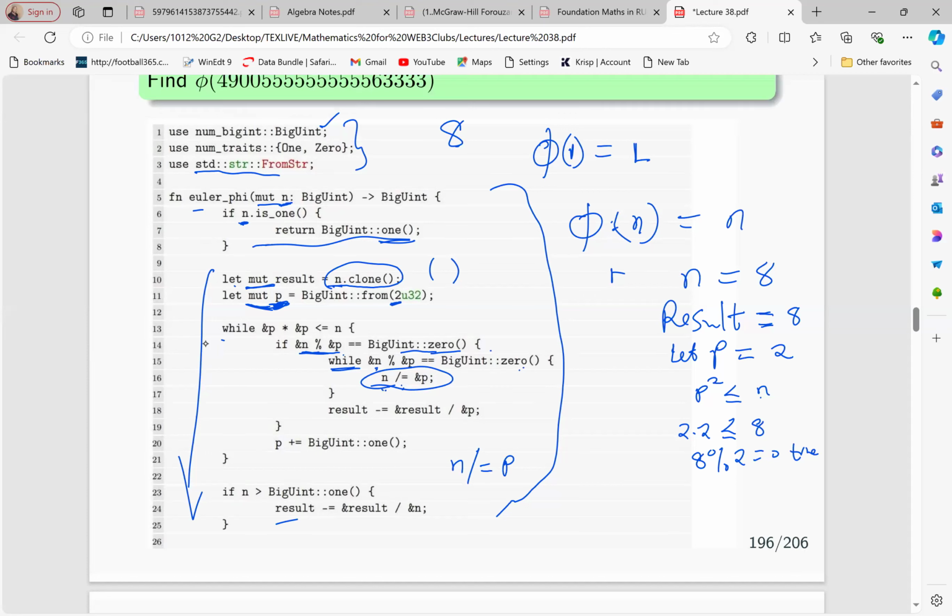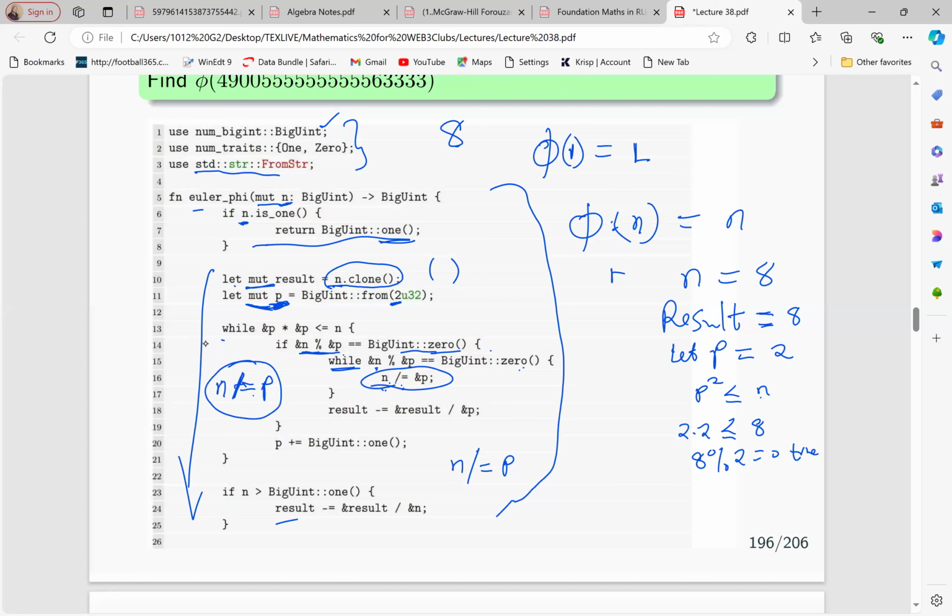When we talk of n, and then we write equals n divided by p, what this means is that this n is mutable, and every time you are replacing it by what you get when you divide n by p.